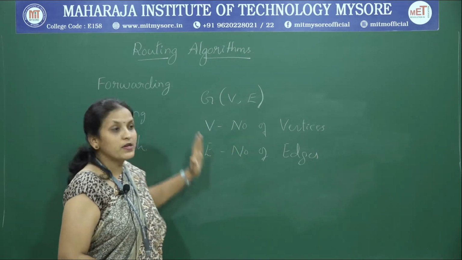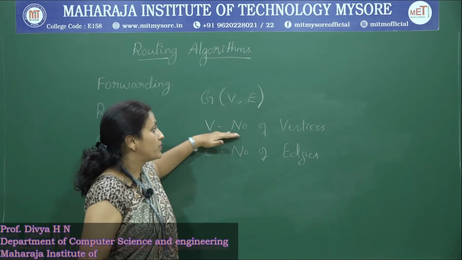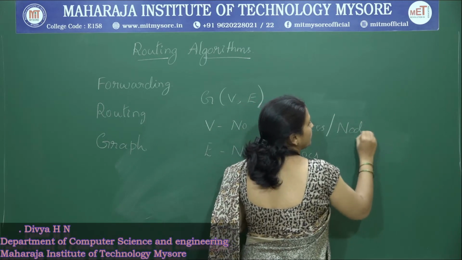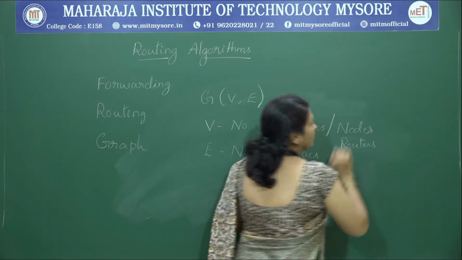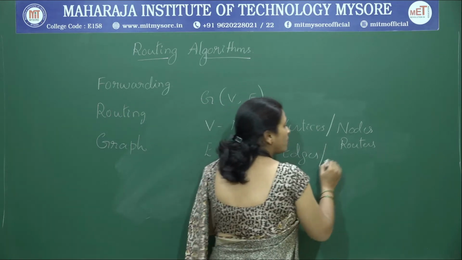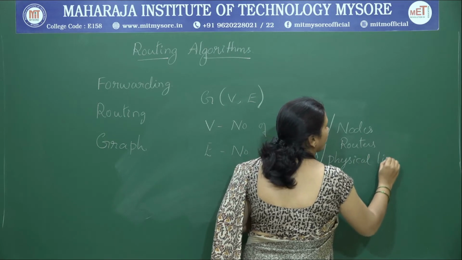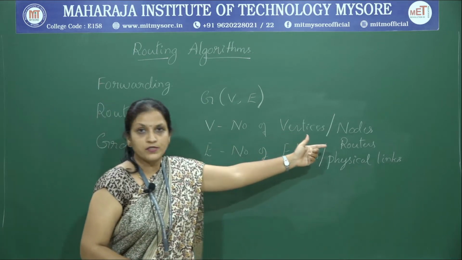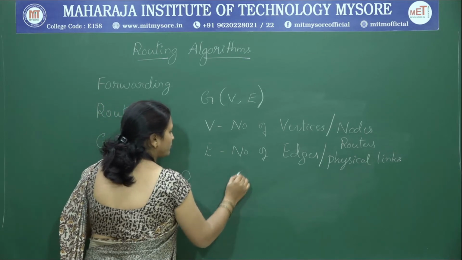We use the same concept of graph in routing algorithm also, where V represents the number of nodes or routers here, and E represents the number of physical links that exist between these routers. For example, consider this diagram.